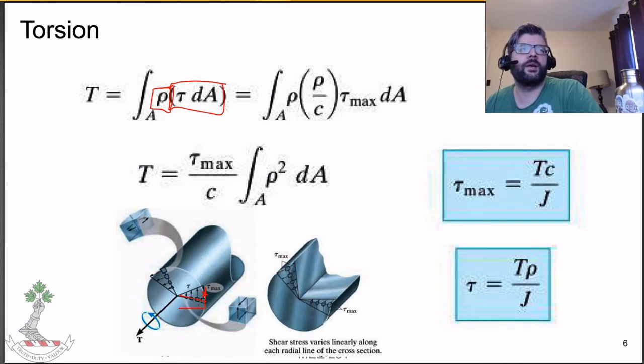Again, the shear stress can be put in terms of the shear stress max times this ratio. Those are all constants, so they can be moved to the outside of the integral, which leaves us the torque being tau max divided by c times this integral here.